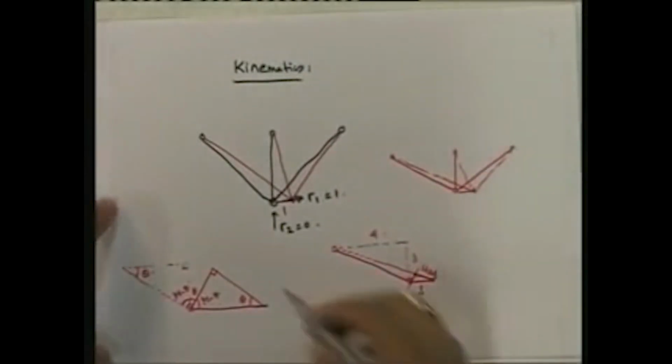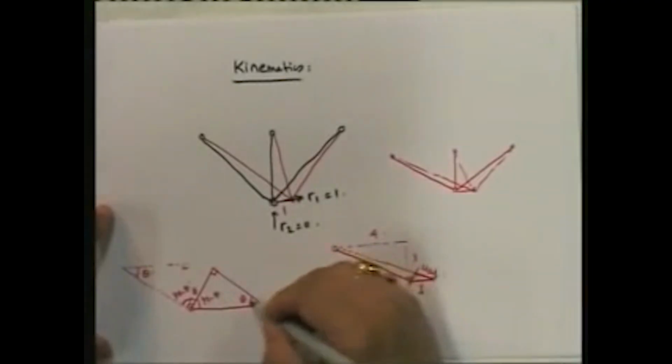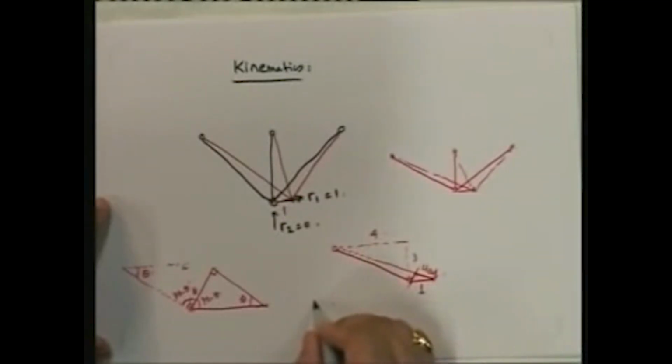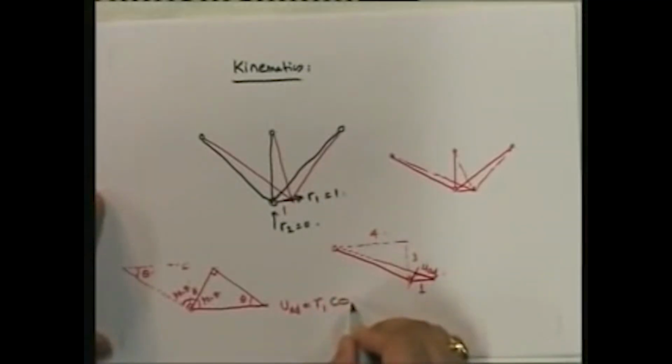So if you look at the change in length, UAD is given as R1 into cosine of theta, because R1 is equal to 1, so it's cosine theta.